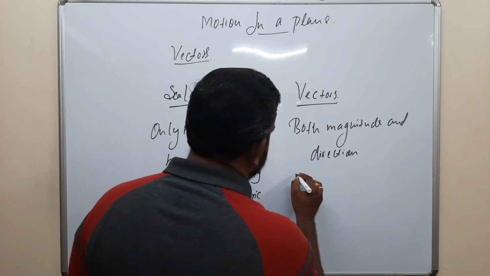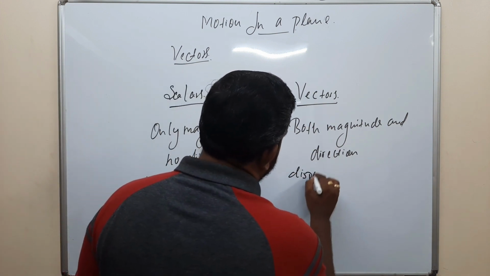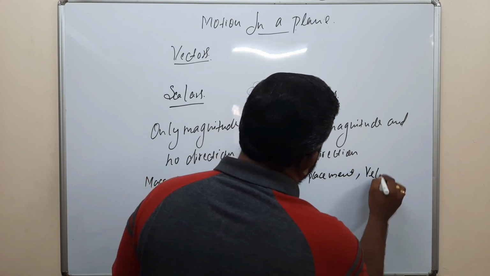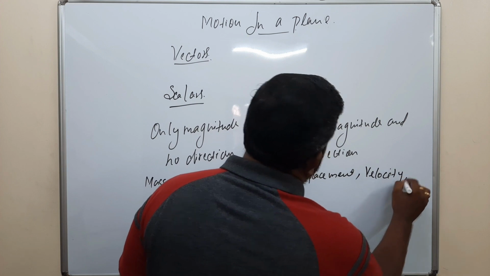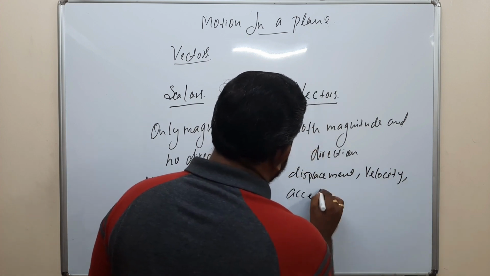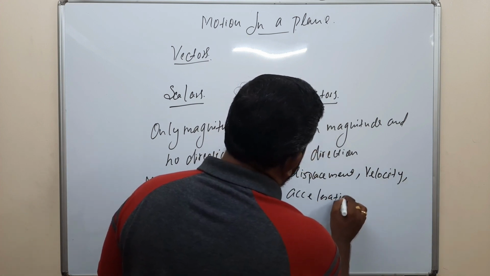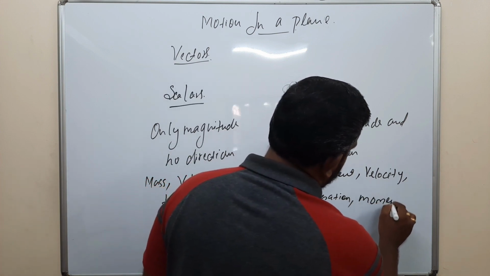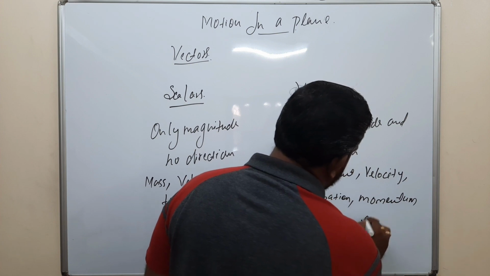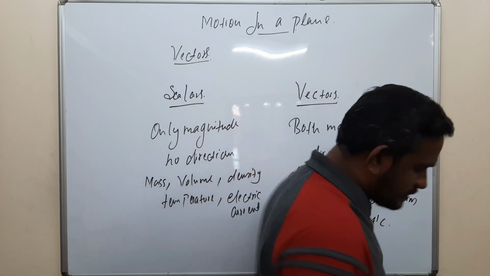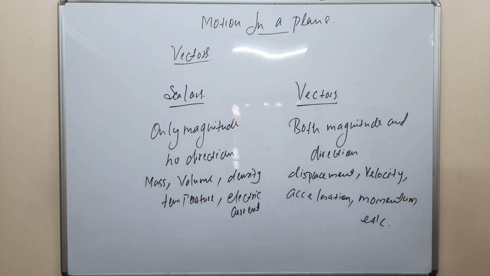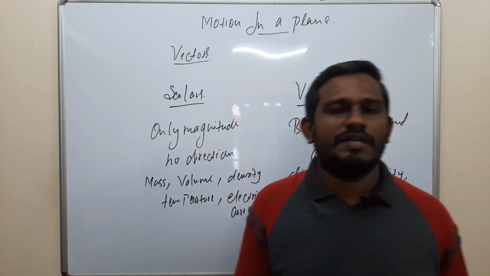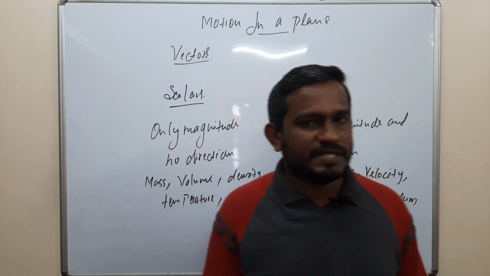For example, displacement, velocity, acceleration, momentum, etc. So in physics, the quantities are mainly classified into vectors and scalars.